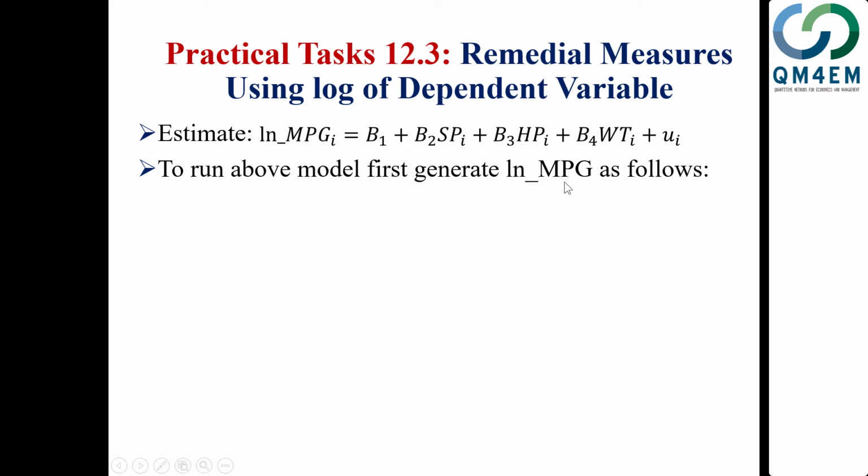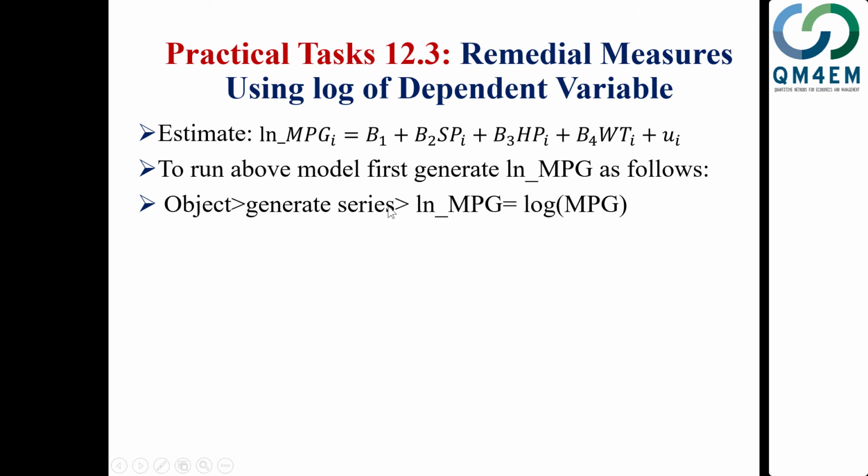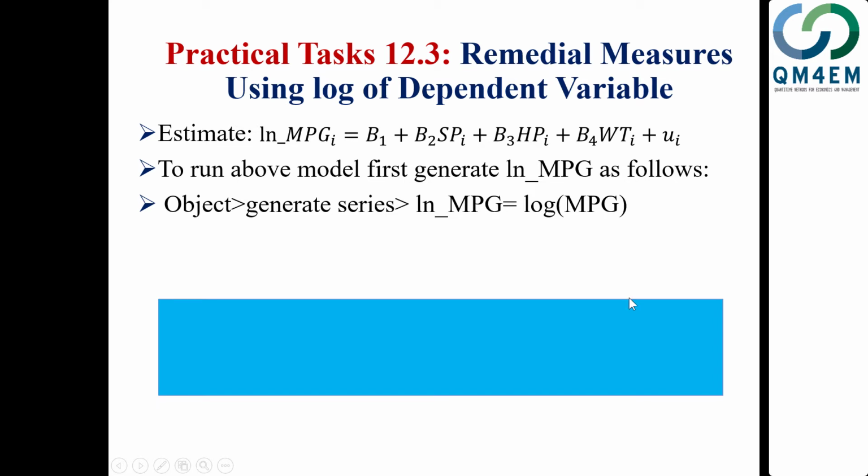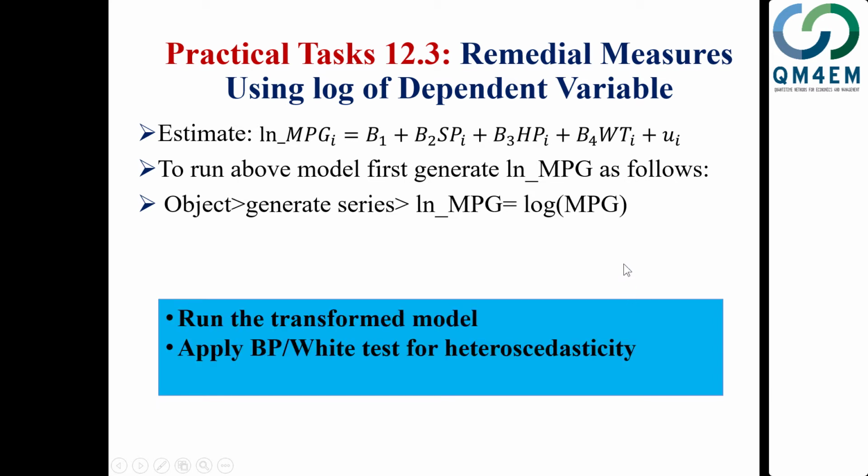You generate ln of mpg. We know the procedure as well. Just for repetition, you go to Object, Generate Series, and you name a new variable ln_mpg equal to log of mpg. So that will give you the log of mileage per gallon, a new variable, and then you regress that variable on the explanatory variables in their original form. And again, we raise these three questions.